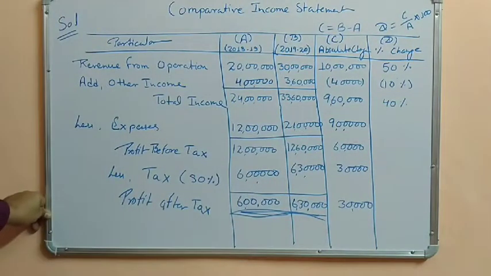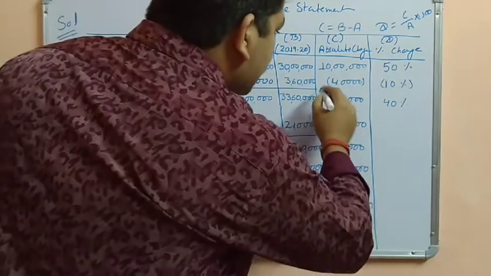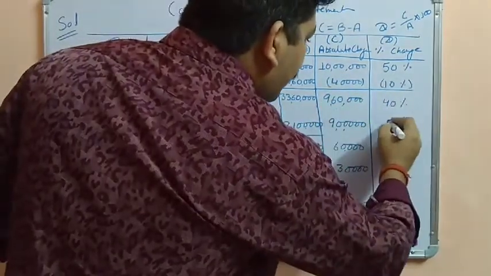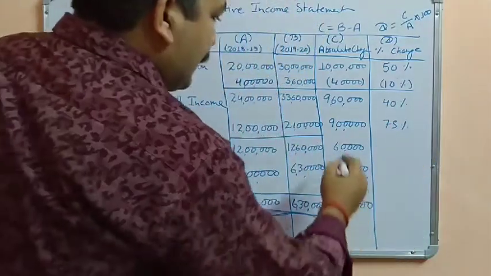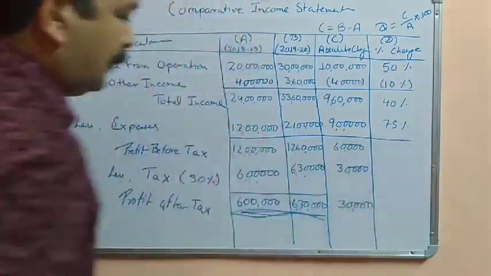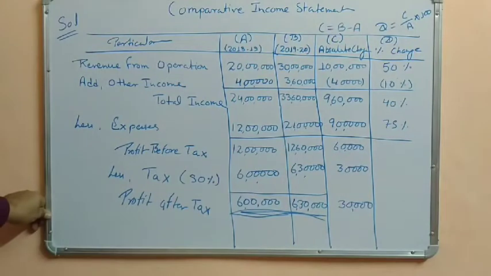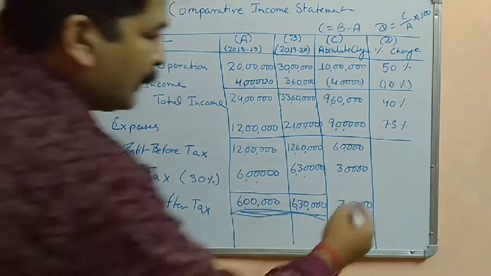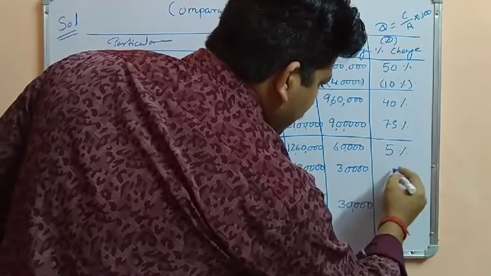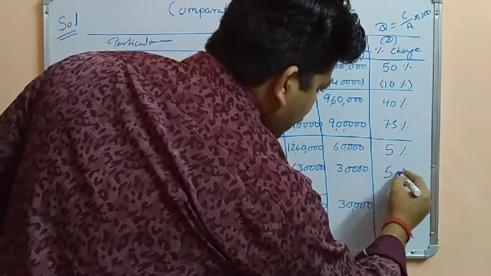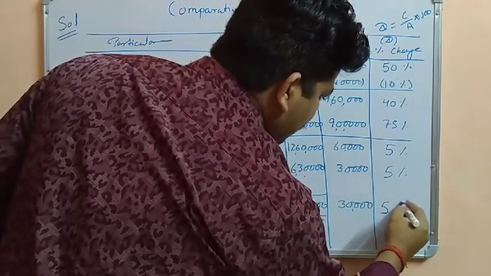Okay, then we will get 75%. Okay, then for 60 divided by 12 we will get 5%, and same here also 5%, and finally here also 5%.